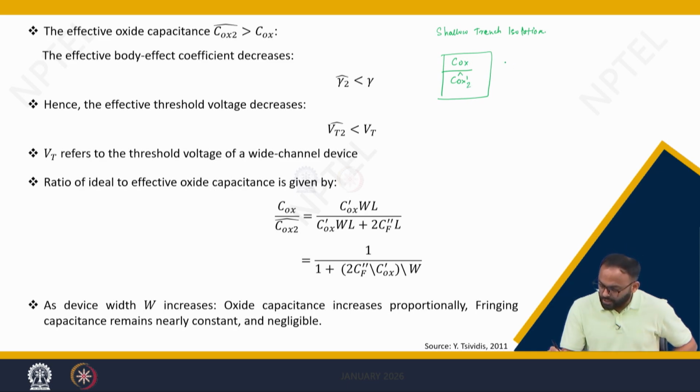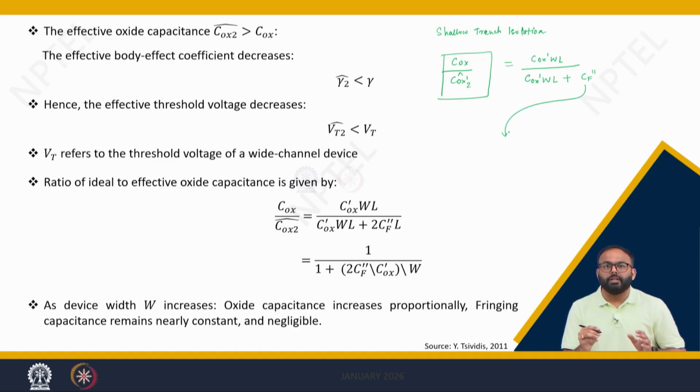If you calculate the overall capacitance of the gate without considering fringe lines, it is COX cap into W into L, and when you consider the capacitance of the fringe, then it will be COX cap into W into L plus CF double dash. Here CF double dash is the capacitance per unit length, not per unit area.